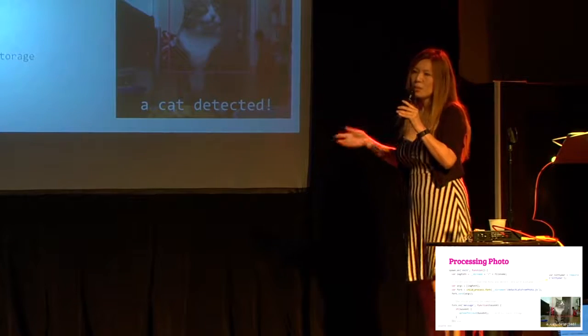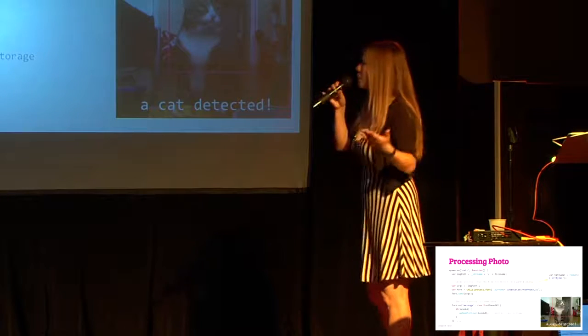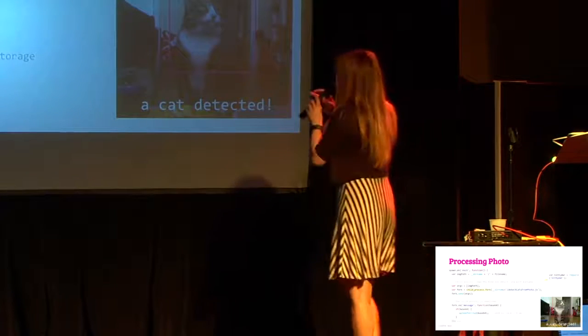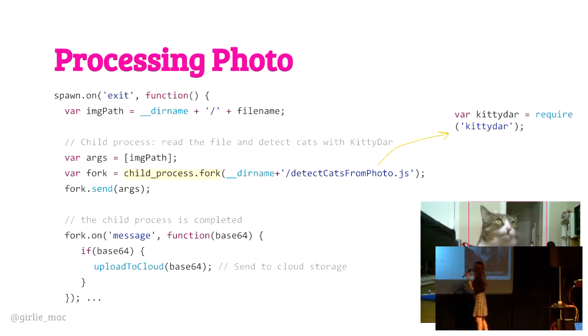So it really queues up quick. So I'm dumping the whole thing to multiple processes, and I take everything to another JavaScript file. Then once it's done, if cats are there, I send it to the cloud. I'm actually sending the base64 to the cloud.